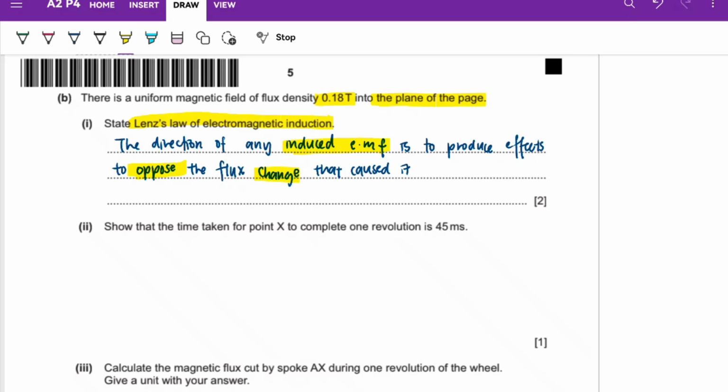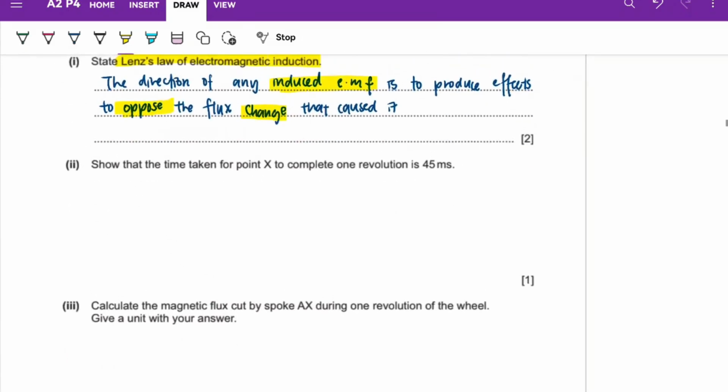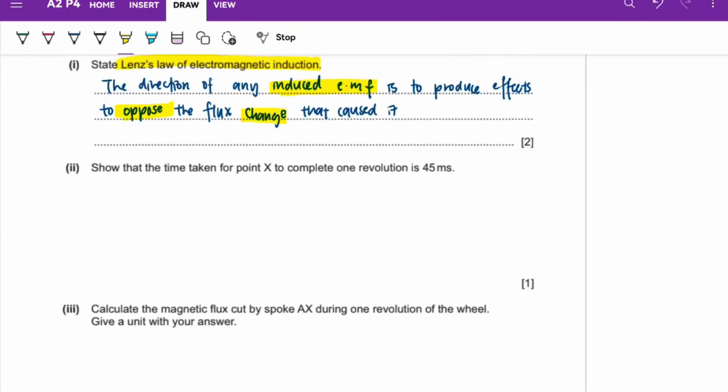Okay. Second, show that the time taken for point X to complete one revolution is 0.45 milliseconds. So actually, there's a formula where we know omega. Okay, wait, let me write here.